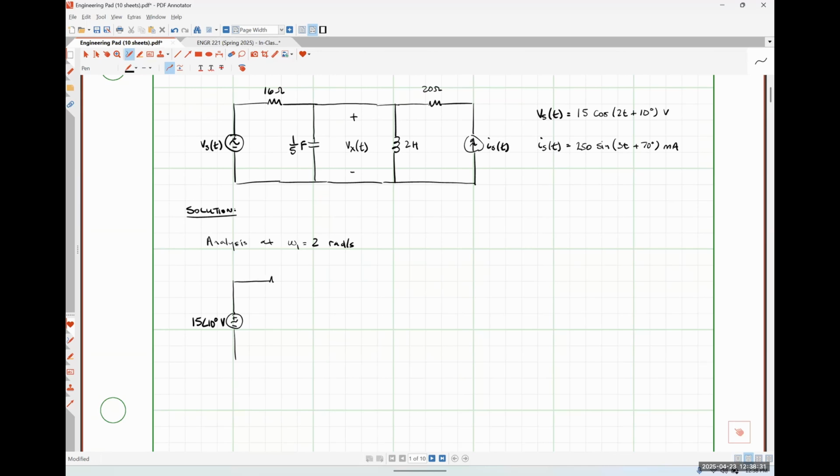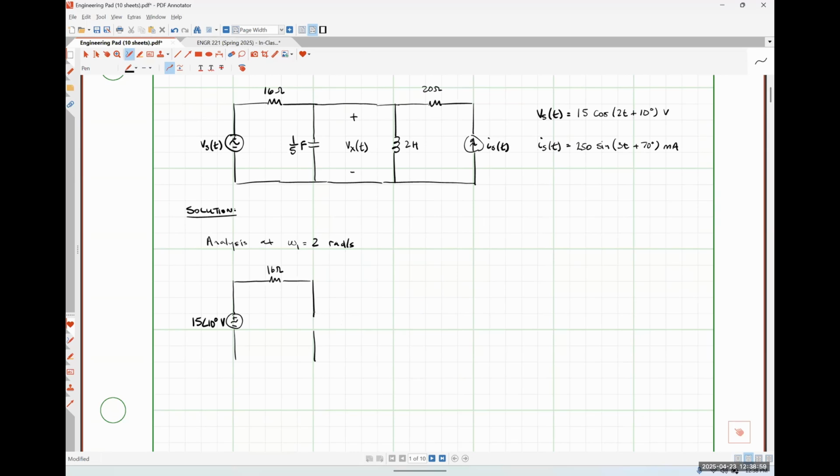My 16 ohm resistor stays a 16 ohm resistor. Let's see, 1 over 1/5 times 2 comes out to be a minus J 2.5 ohm impedance for that.